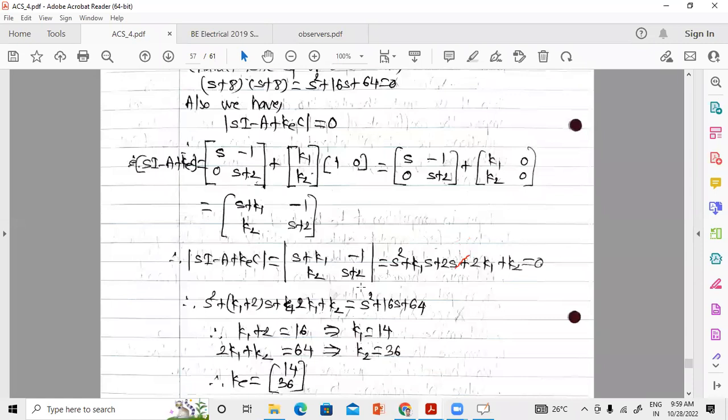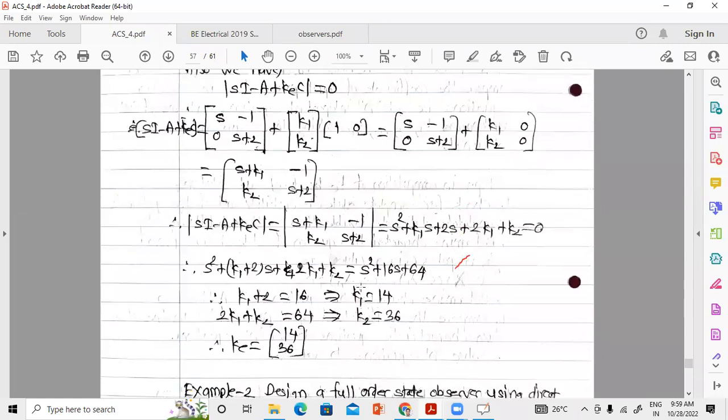And then you get the characteristic equation from here: s square + (K1 + 2)s + (2K1 + K2). And this is your desired characteristic equation, obtained from -8, -8: s square + 16s + 64.